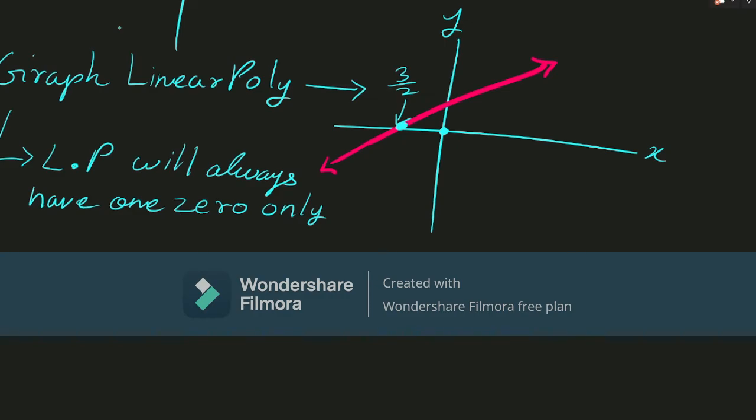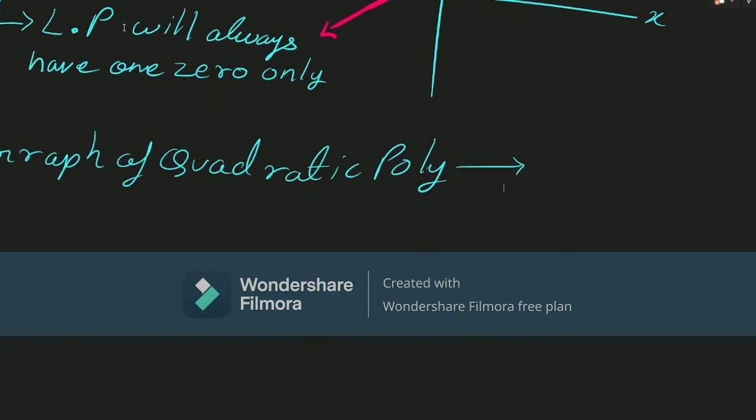Okay, now graph of quadratic polynomial. The graph of a quadratic polynomial can have a number of zeros as long as it intersects the x-axis. Suppose let's draw two lines over here like this.